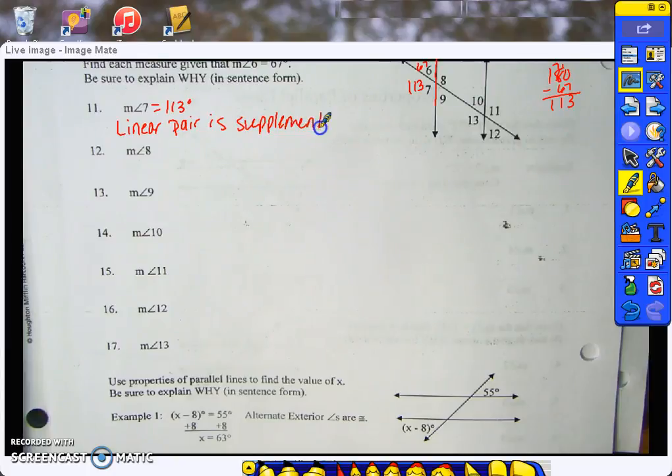Supplementary means it equals 180 degrees when we add the two angles together. 8 and 6 also form a linear pair. So that means also 113 degrees, because a linear pair is supplementary. When you add those two together, it equals 180 degrees.